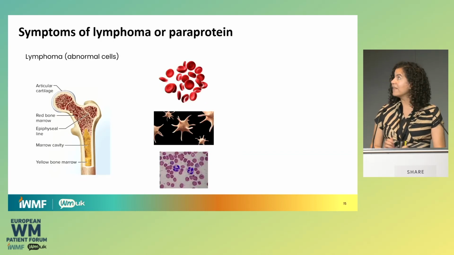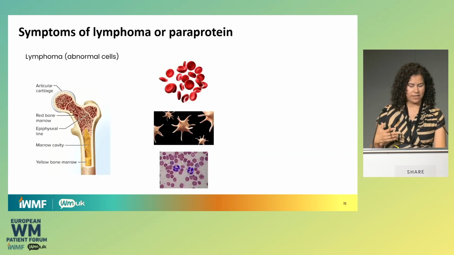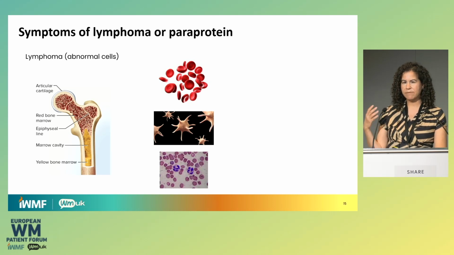So let's talk about the symptoms that you might get with WM. And again, if you think about the logic of where it's produced, it starts to make sense as to some of the symptoms you might see or experience with WM. So first of all, you can get the symptoms related to the lymphoma side of things. So as I already told you, the lymphoma cells or your blood cells originate from your bone marrow.